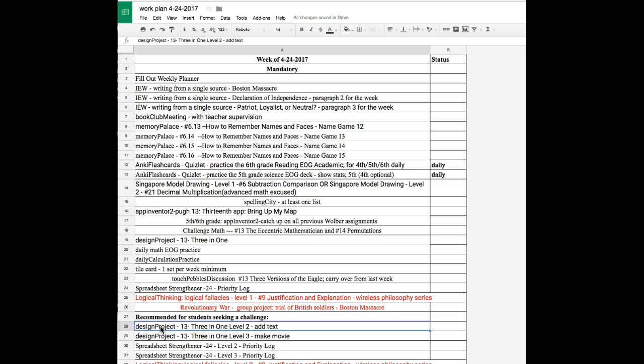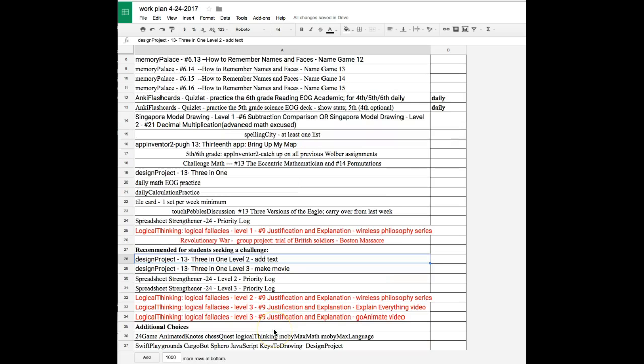So we have a design project, the 3-in-1, a very interesting project in which you take an everyday object and either make something positive about it, negative, or metaphorical. So for example, the memory stick is seen as a great thing because you can store all your photos and memories of your family.